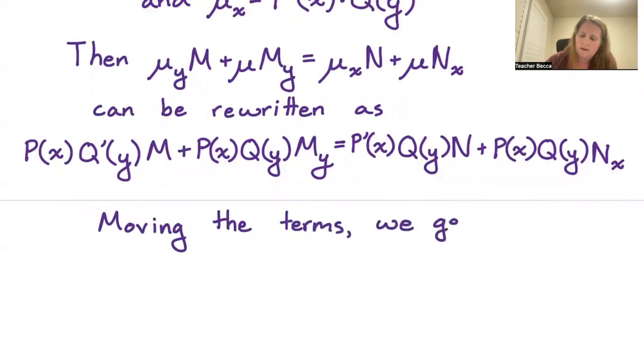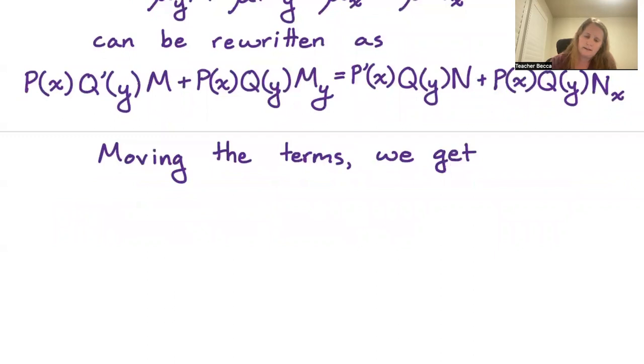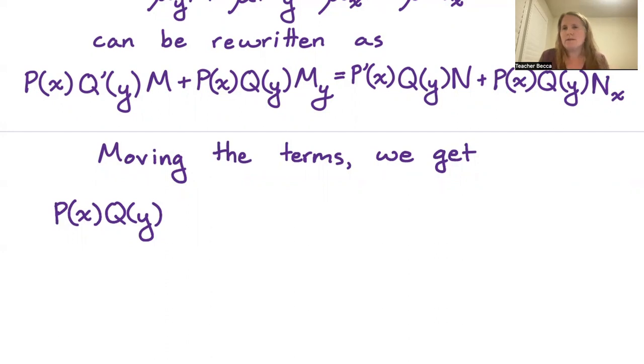We can rewrite this as P of x times Q of y times M_y minus P of x times Q of y times N_x is equal to, I apologize, my screen is not updating. One moment.